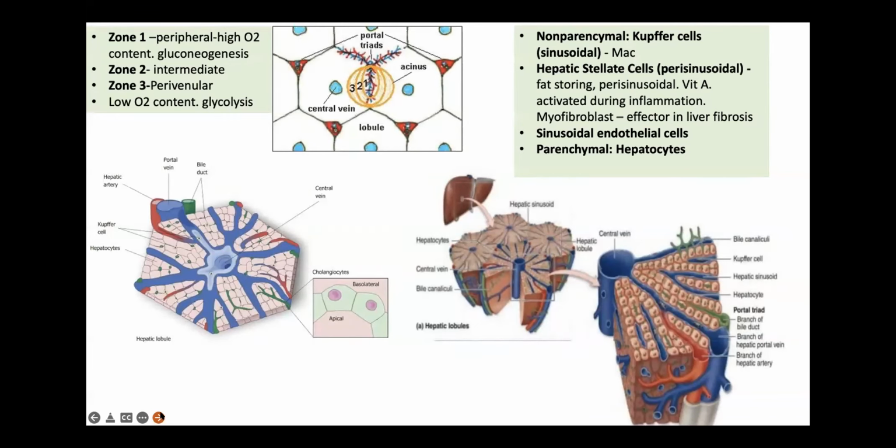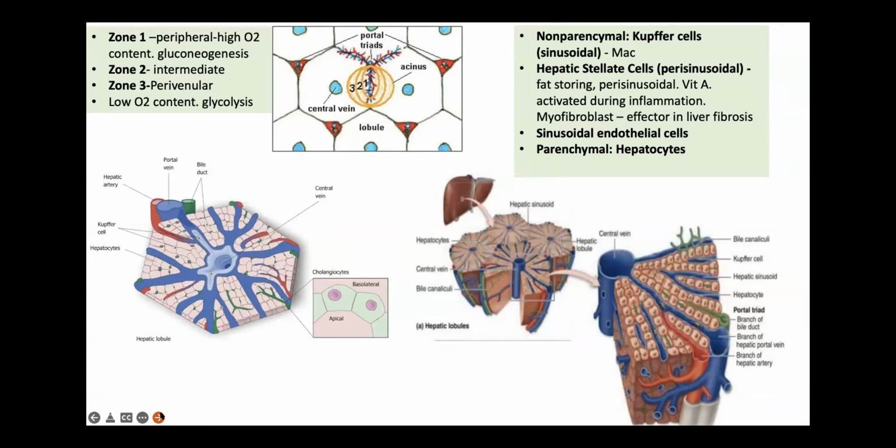These need to be activated, and if they're not activated, they usually store vitamin A. When activated, they become myofibroblasts, and they contribute to liver fibrosis, which we'll come to later. You also have sinusoidal endothelial cells, which are fenestrated, and parenchymal hepatocytes, as well as cholangiocytes.